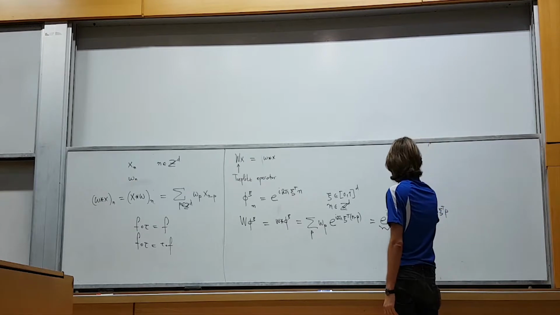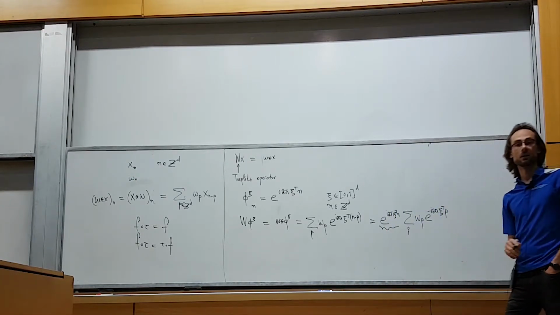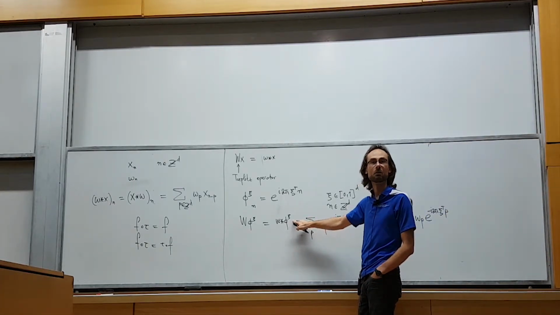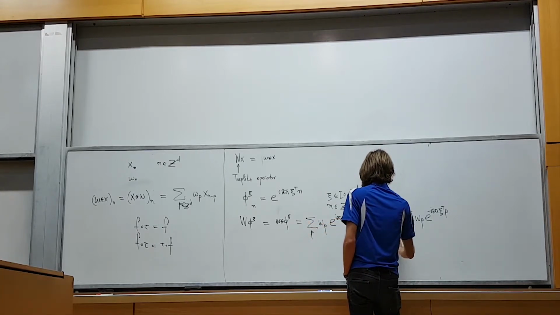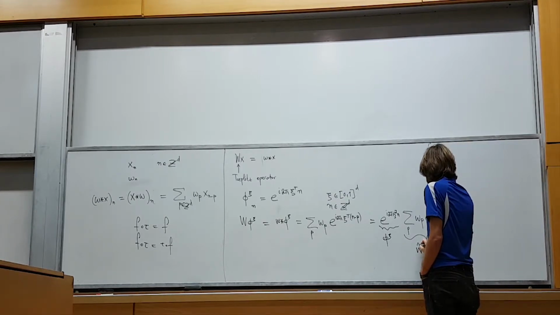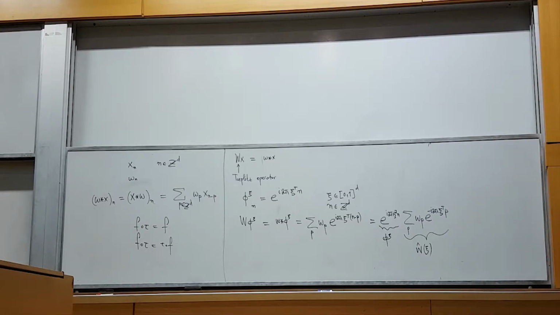I'm missing, of course, psi transpose. Psi transpose n is exactly this vector, this signal phi psi. Now let's call the remaining quantity w hat as a function of psi.